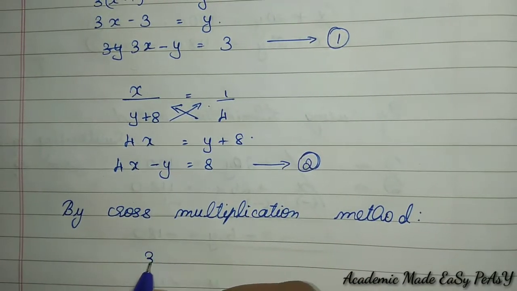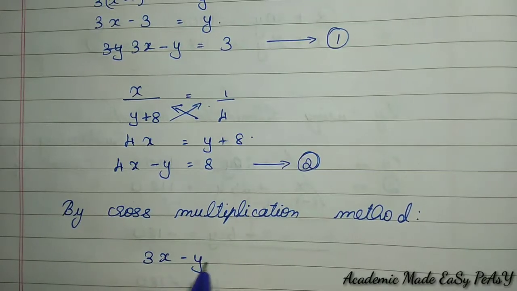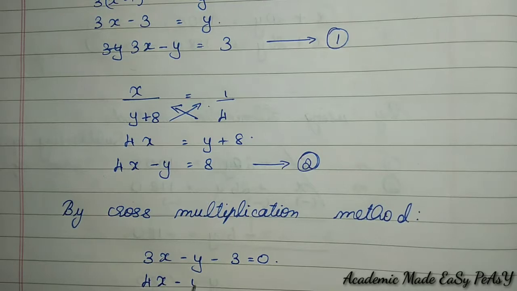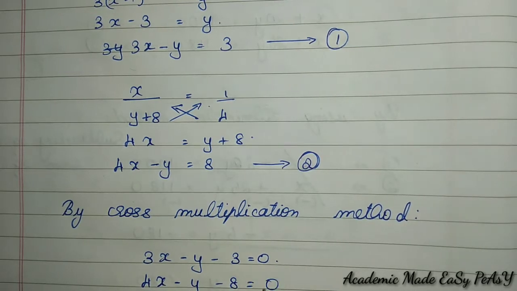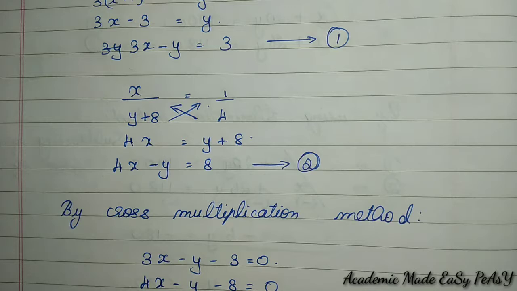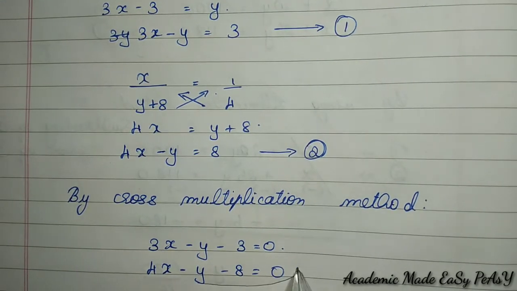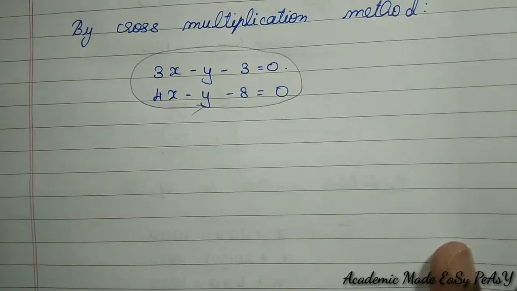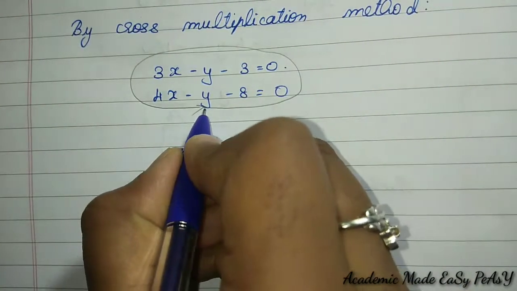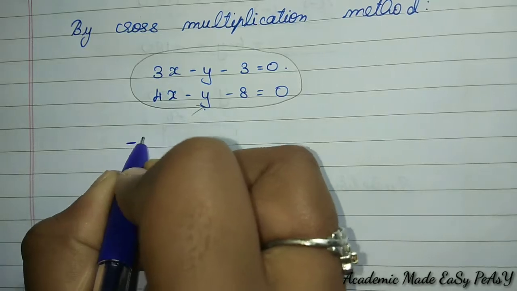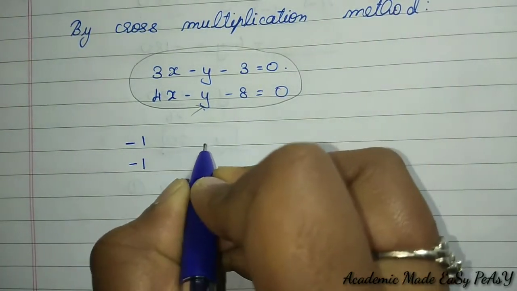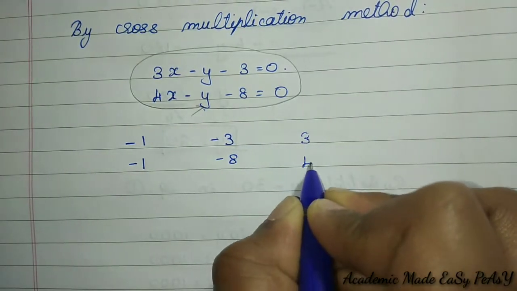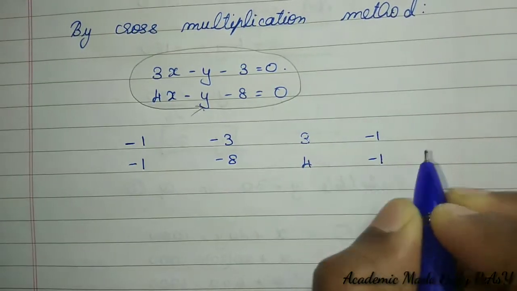So my first equation is 3x minus y minus 3 is equal to 0 and 4x minus y minus 8 is equal to 0. So now we will be just going for a circle, isn't it? Starting from b and ending at b itself. So I will be just starting from b. So b coefficient is minus 1 in both the equations. So minus 3, minus 8, 3, 4, minus 1, minus 1.